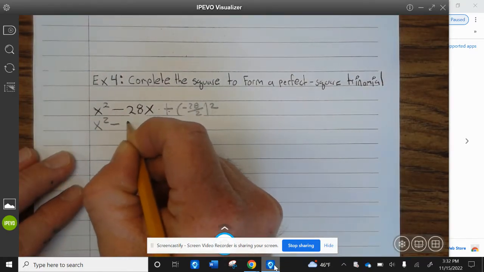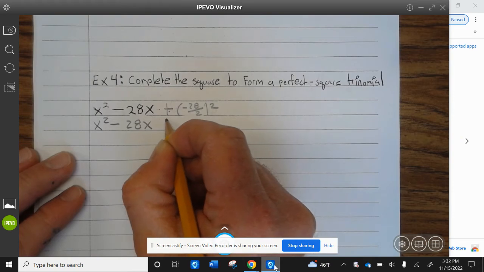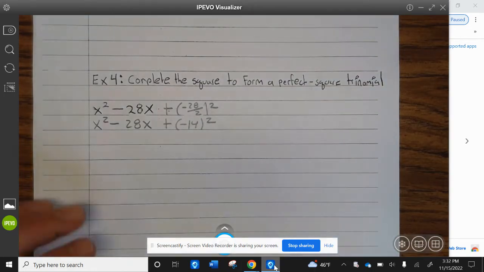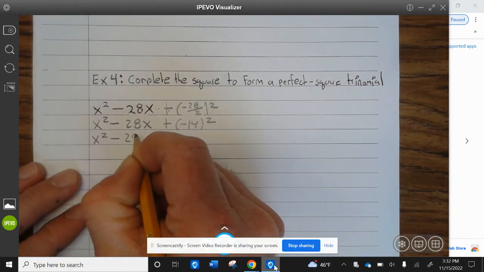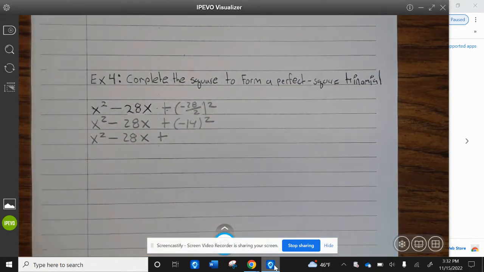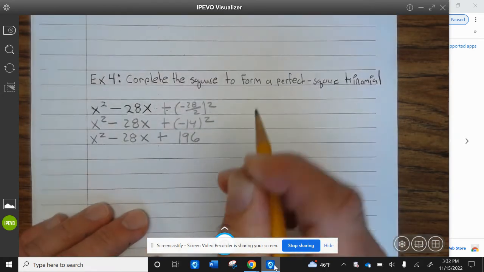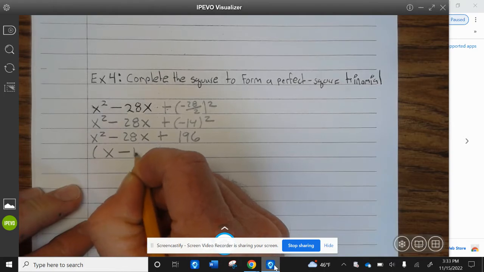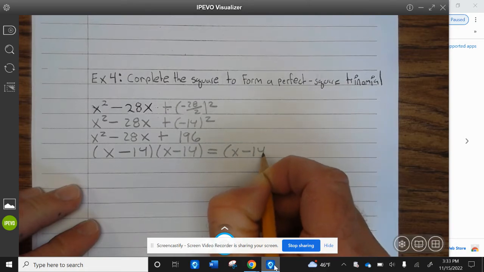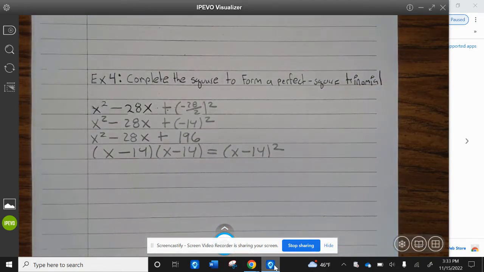So then that's x squared minus 28x plus negative 14 squared, which that's x squared minus 28x plus 196, which can be factored as x minus 14 times x minus 14, which can be written as x minus 14 squared. All right, go and finish up example 4.